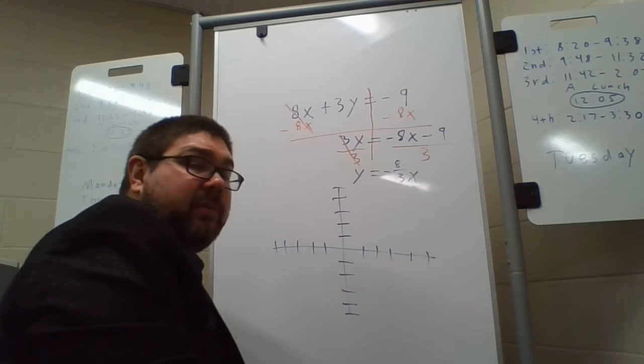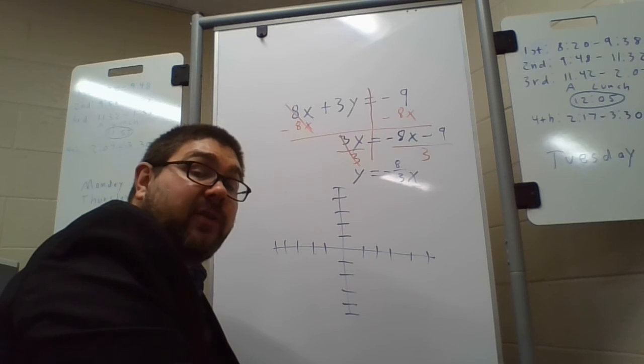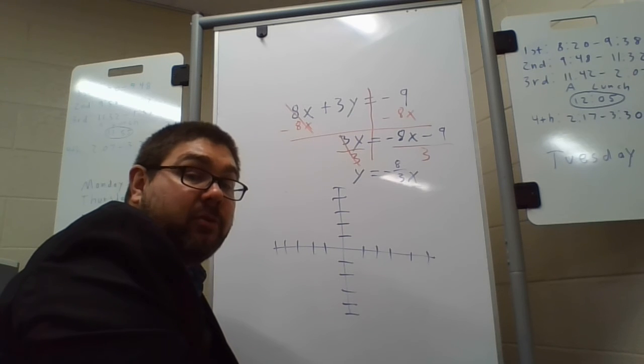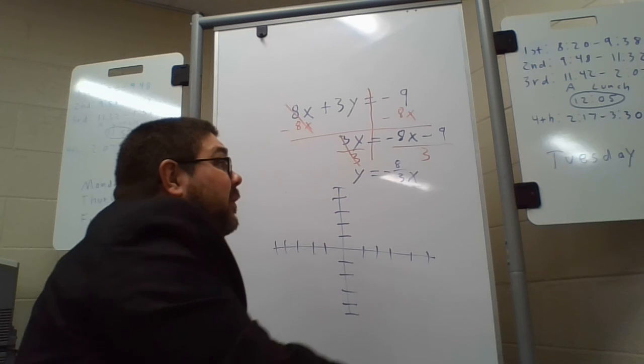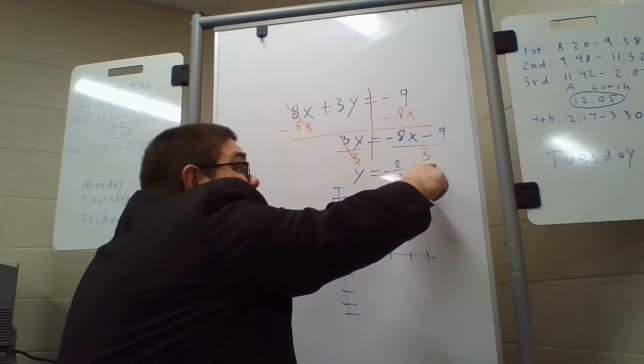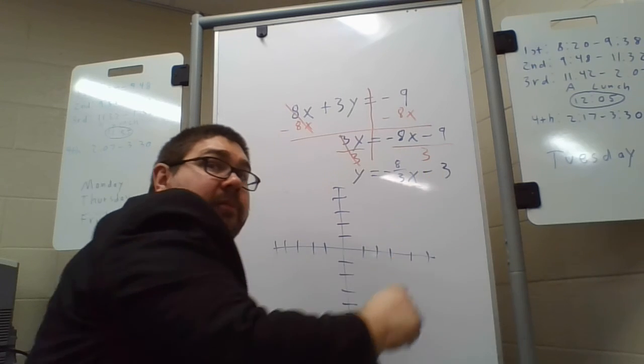Negative 8 divided by 3 is just negative 8 over 3. Write it as a fraction. Don't find a decimal. It's a slope. We don't want a decimal. If it's written as a fraction, we can count. We want to be able to count up and down, left and right. Negative 9 divided by 3 is negative 3.